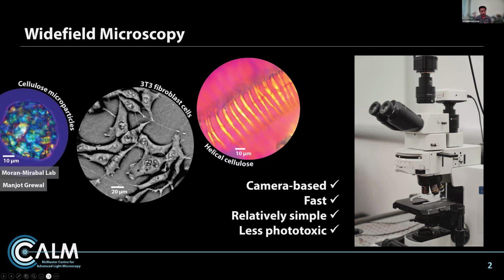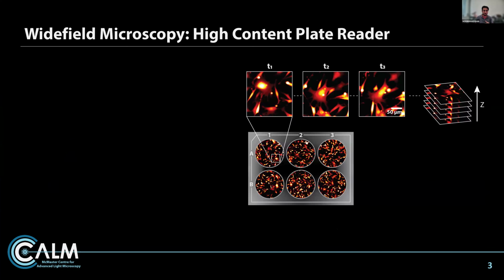We can also use different contrasting methods like differential interference contrast or phase contrast or polarization microscopy to get a little bit better contrast, or even look at, for example, crystalline materials and amorphous materials if we're using polarization optical microscopy.